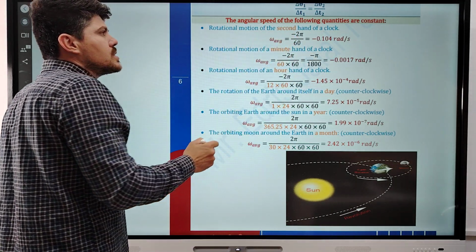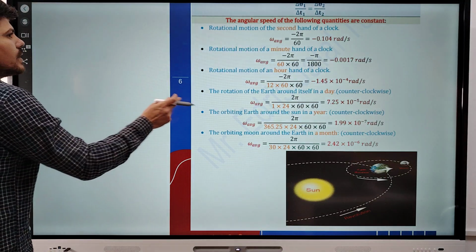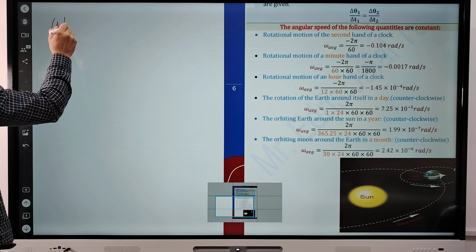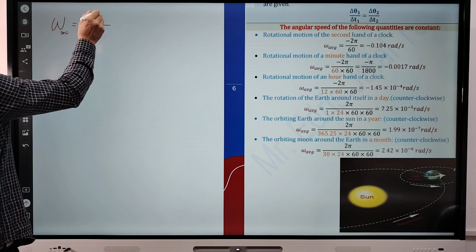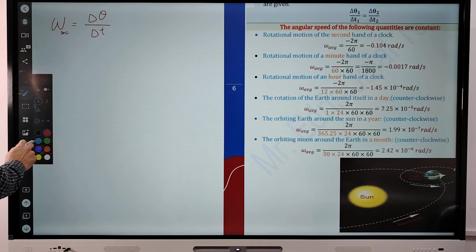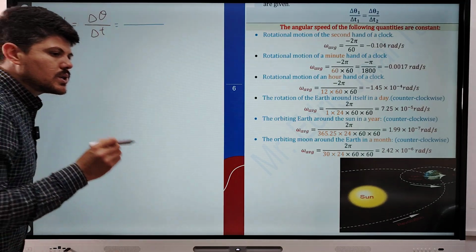To find the angular speed of the second hand of the clock, at first you have to write down the equation of angular speed: omega is equal to delta theta divided by t. For one complete cycle, what is the value of angular displacement?